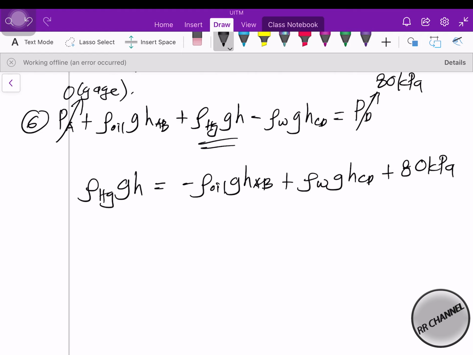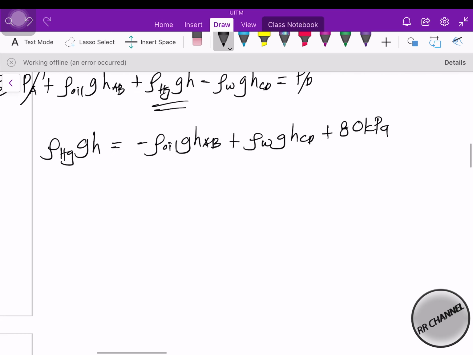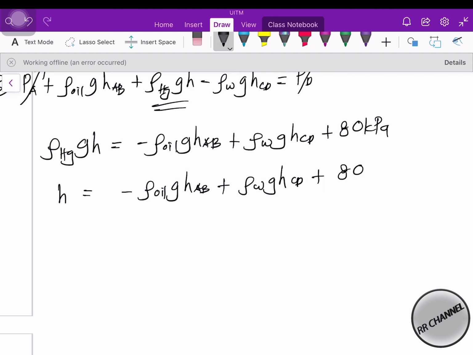So we have basically 4 terms left because we already cancelled out the pressure at point A. Now you need to make h the main subject. So h equals minus rho_oil g h_AB plus rho_W g h_CD plus 80 kPa, divided by rho_Hg multiplied by g.